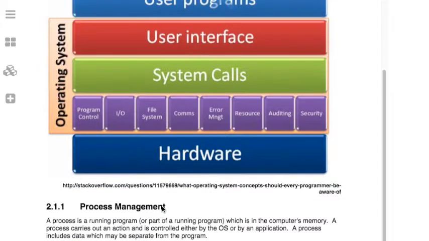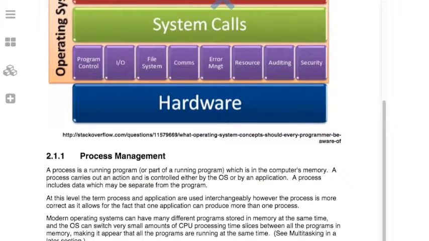Okay. So one of the biggest tasks of an operating system is process management. And process management essentially means which program is allowed to run, how long is it allowed to run for, when is the next program going to be run. So it controls what is able to access the CPU and the RAM. Okay, so which program is actually running at a particular time.